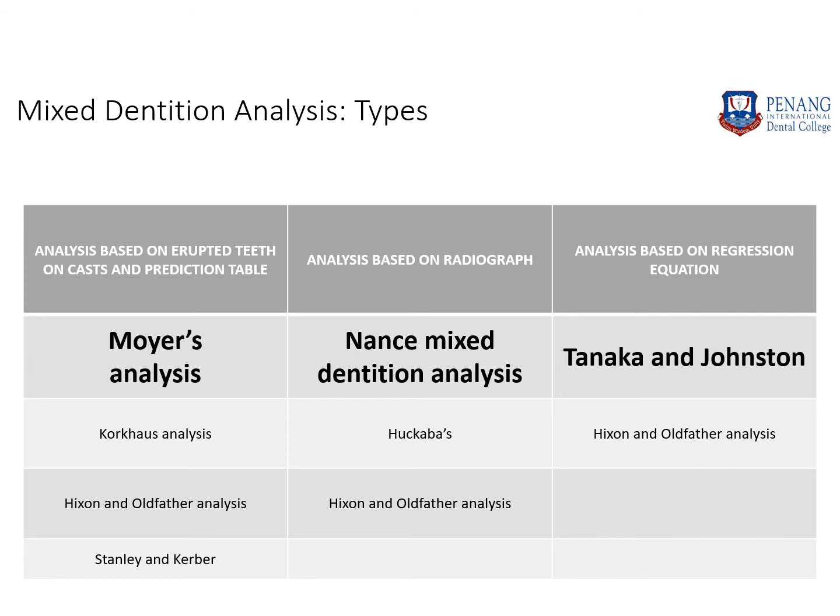Based on radiograph will be Nance mixed dentition analysis, Korkhaus, Hickson and Oldfather, whereas based on regression equation will be Tanaka and Johnston. So basically, I've highlighted 3 here. So if you're able to remember and understand these 3, it would suffice.